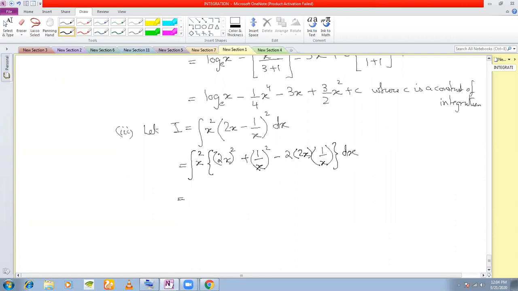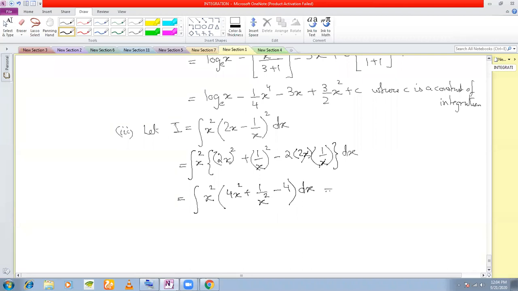Okay, so in here what happens? x cancels. So what are you left with? Integral x square into 2x whole square is 4x square, 1 by x whole square is 1 by x square, and this is minus 4 dx.